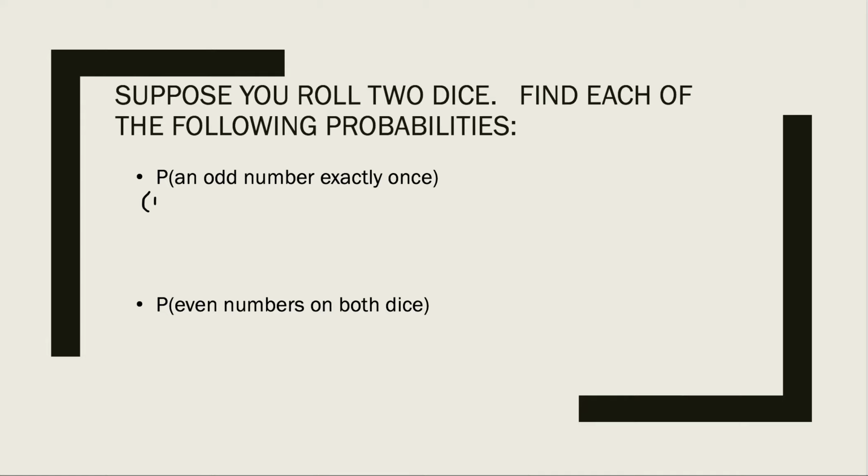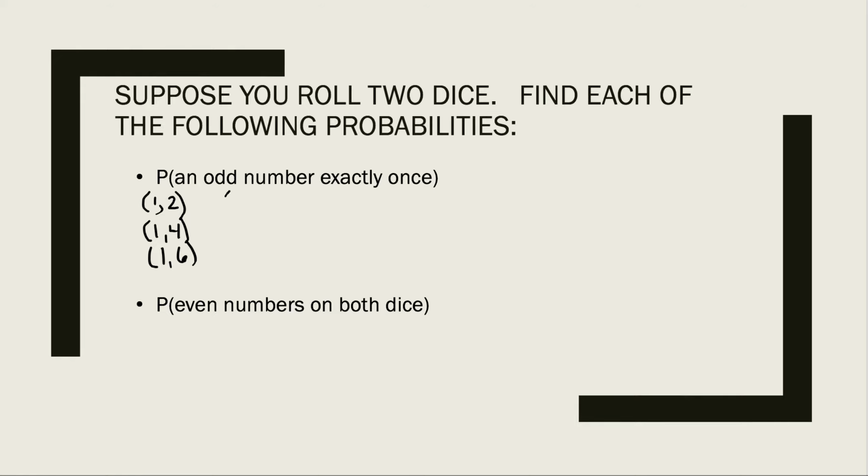So I could do a 1 and a 2. I could do a 1 and a 4. I can do a 1 and a 6. So those would be the only things that start with a 1, where we only have one odd number, right? Because if like it was 1 and 3, that would be 2 odd numbers.